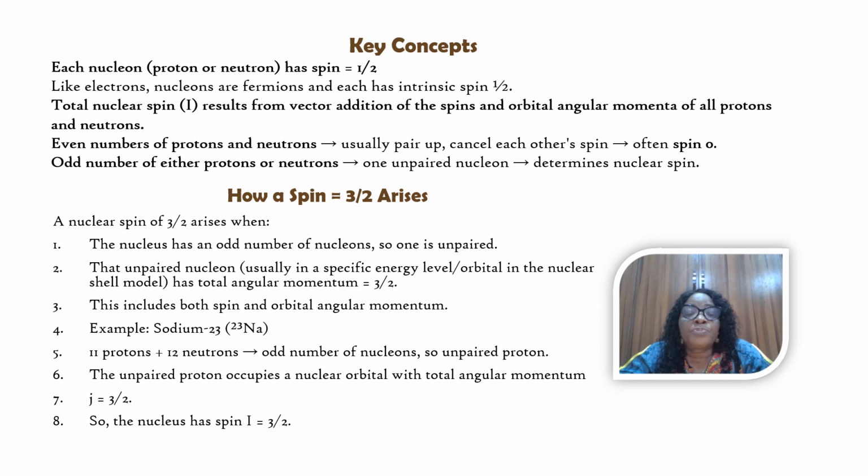This includes both spin and orbital angular momentum. An example is sodium-23. It has 11 protons and 12 neutrons, so an odd number of nucleons, so an unpaired proton. The unpaired proton occupies a nuclear orbital with total angular momentum of J equals 3/2, so the nucleus has a spin of 3/2.